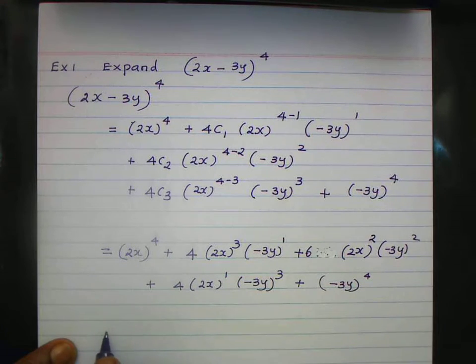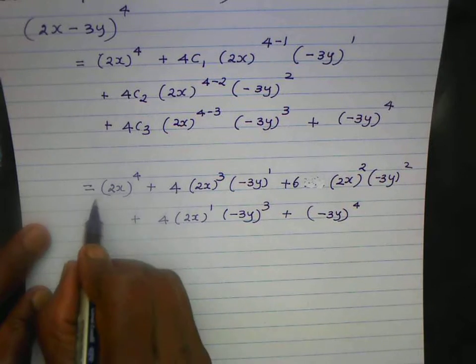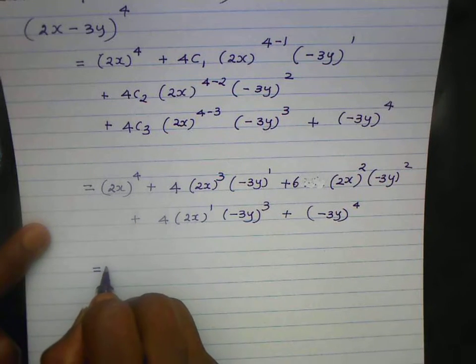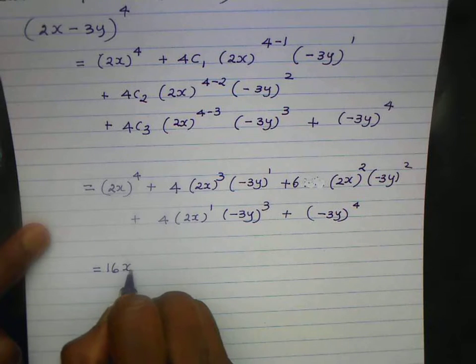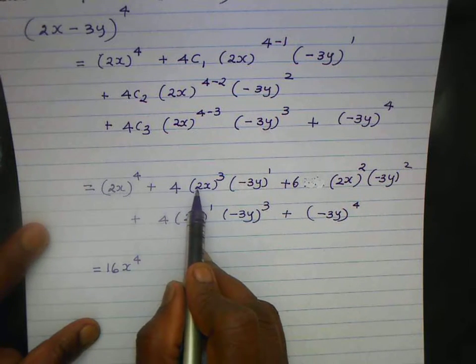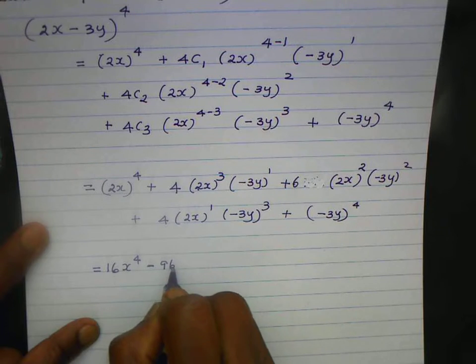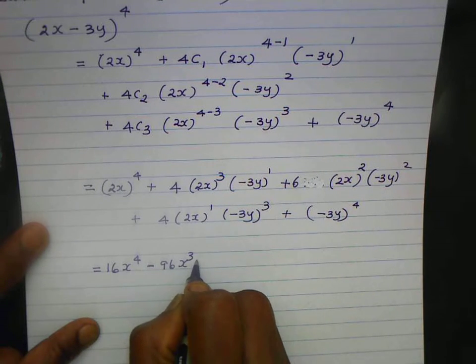Now we are going to just do the expanding. (2x) to the power 4 gives you 16x to the power 4. Now here, 4 times 2 cubed, which is 32, times minus 3, which is minus 96 x cubed y.